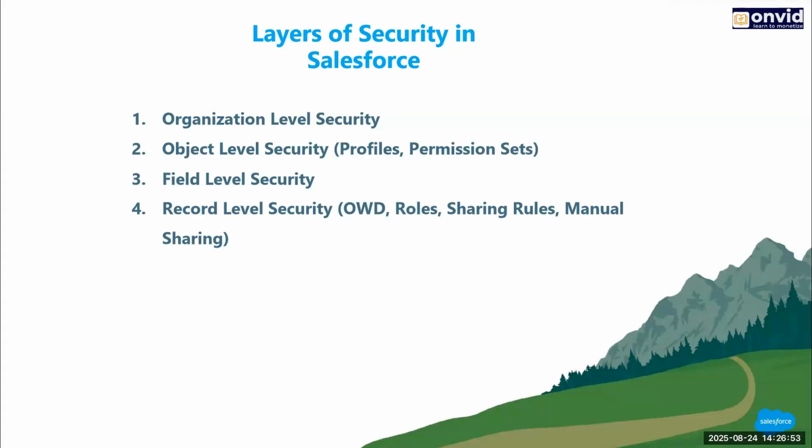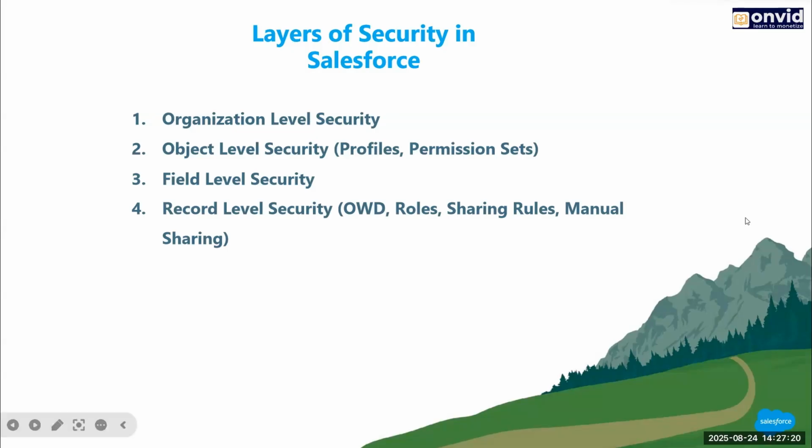What does criteria mean? If people with these profiles can access these records, criteria can be set accordingly. You can set multiple criteria, and based on the criteria, you can give access to the records. This can be done in record level security. This is very vast, so we'll come to it in further sessions.